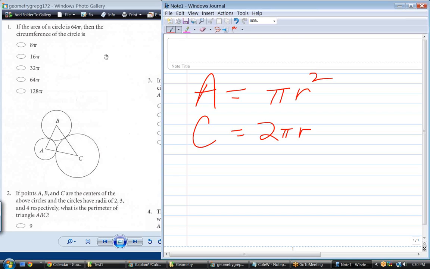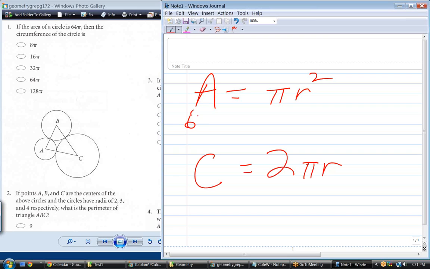So they give us the area and they ask for the circumference. Let me put a little room in between these two, just as a hint. So they're giving us this is 64 pi.